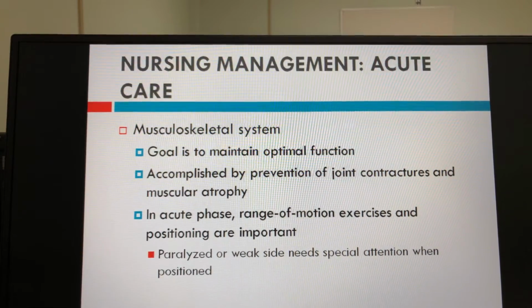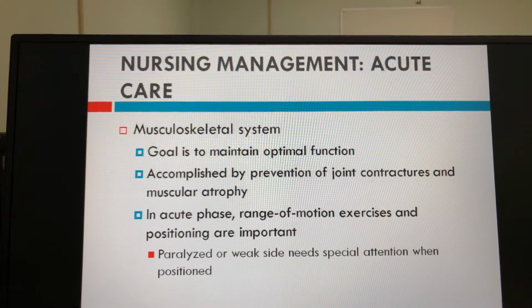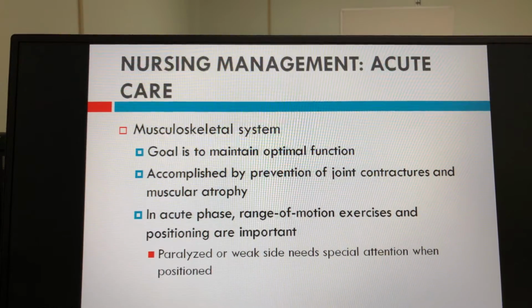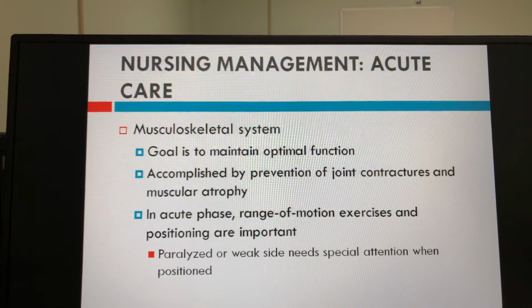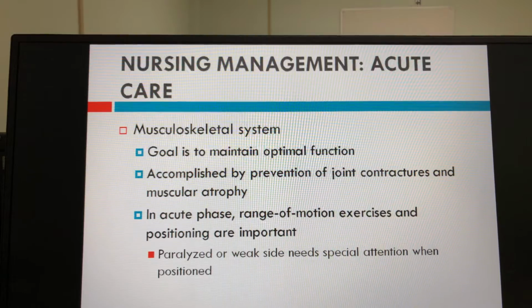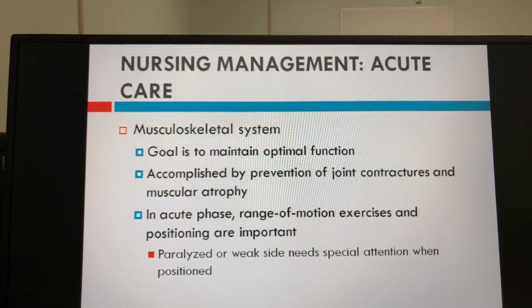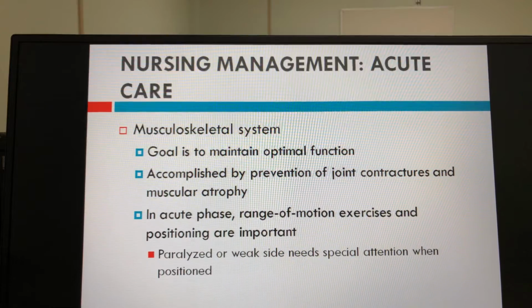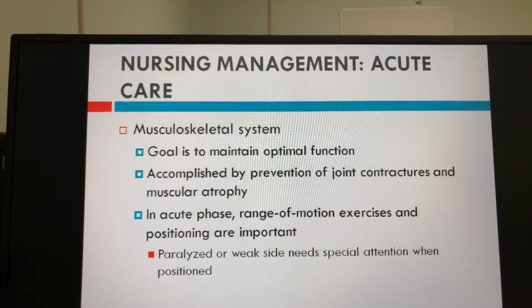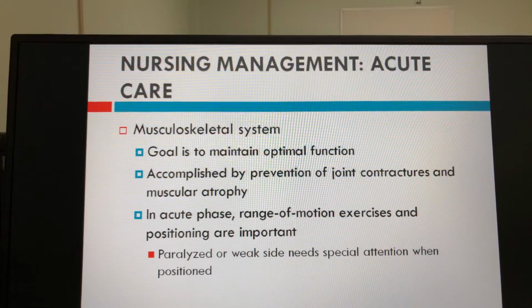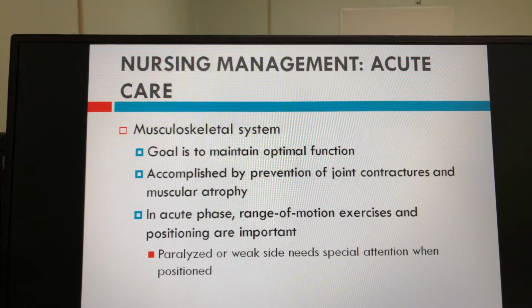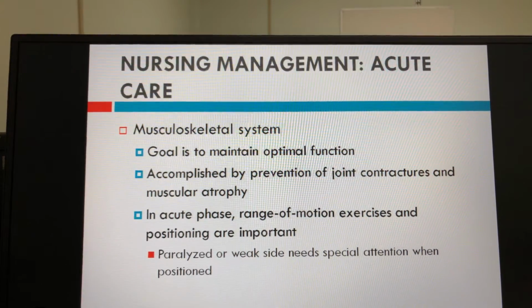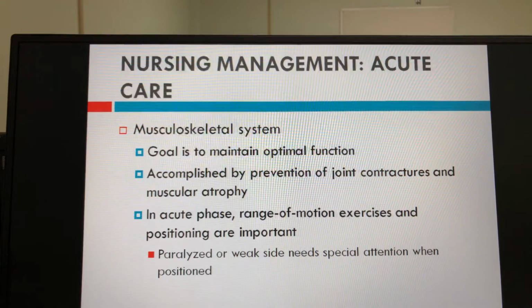And specific deformities on the weak or paralyzed side that may be present in patients with stroke include internal rotation of the shoulder, flexion contractures of the hand, wrist, and elbow, external rotation of the hip, and plantar flexion of the foot. So we have to pay close attention to that paralyzed or weak side, because we may have to do some additional range of motion exercise on those particular sides.